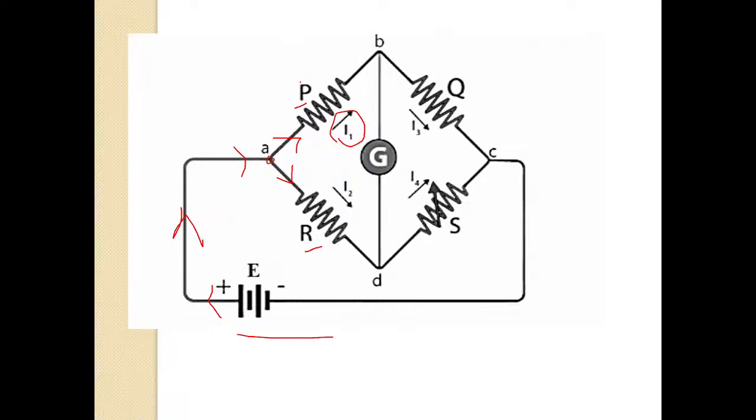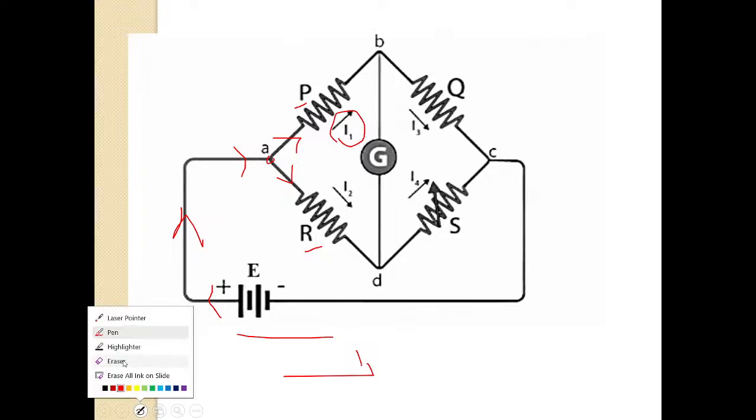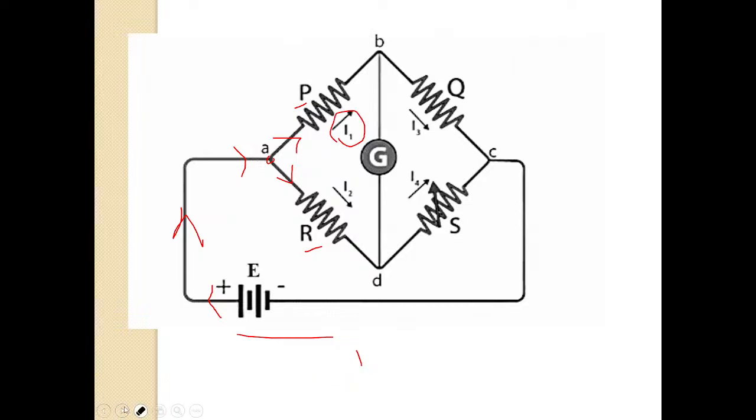What is the voltage in the AB branch? Current I1 into P is the voltage in the AB branch, and it should be equal to current I2 into R.